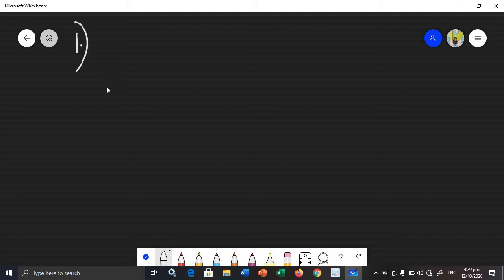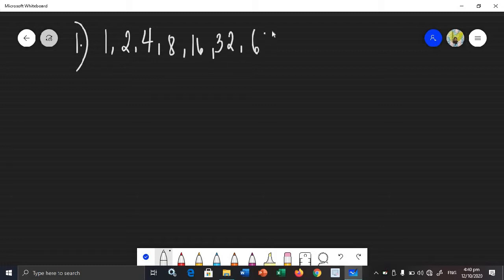Dito, merong different types ng example ako na giniven. I made a geometric sequence na nakalist lahat ng terms. So, we have the terms 1, 2, 4, 8, 16, 32, and 64. Let's say we will be finding the sum of this geometric sequence.